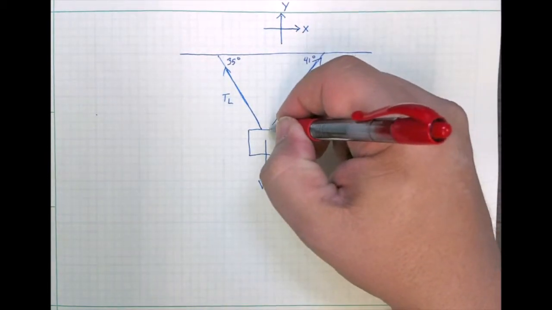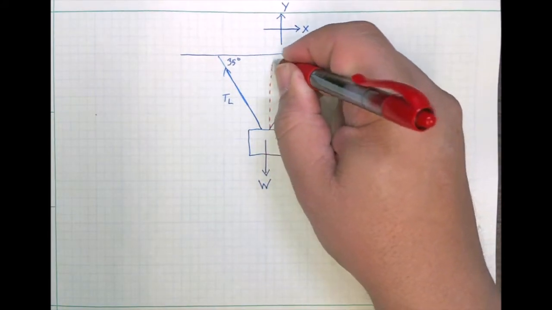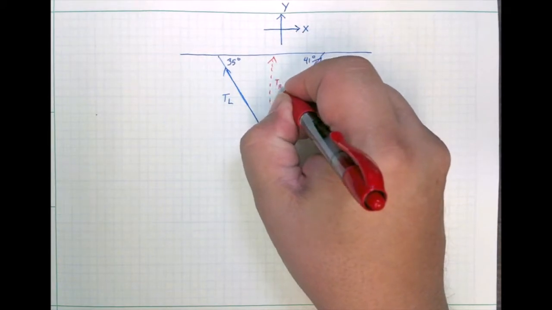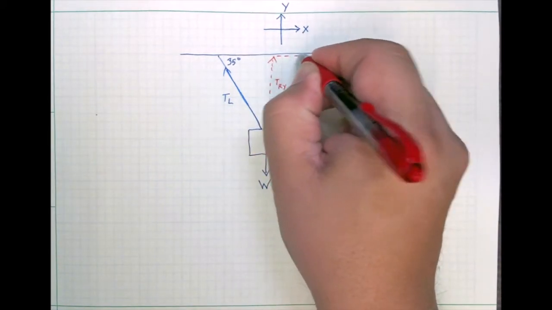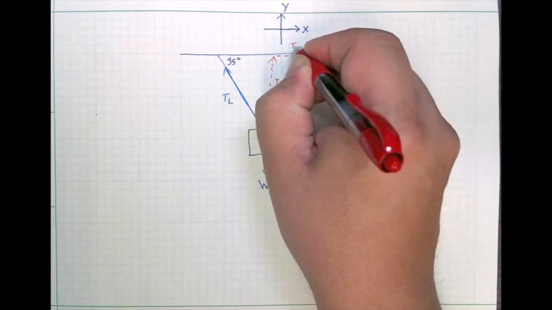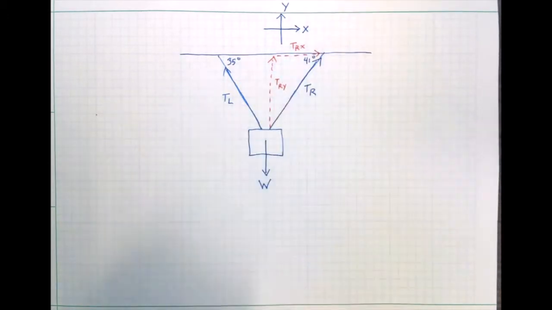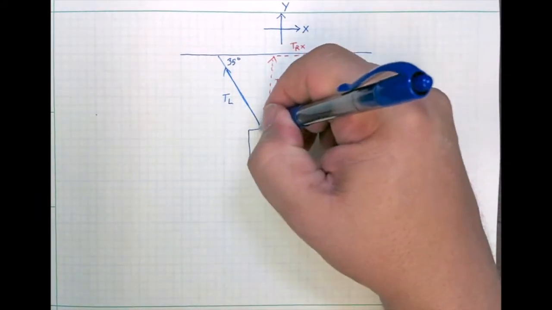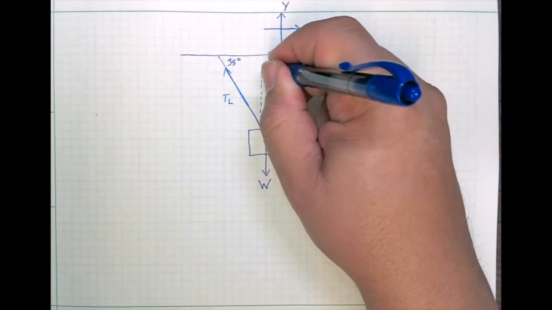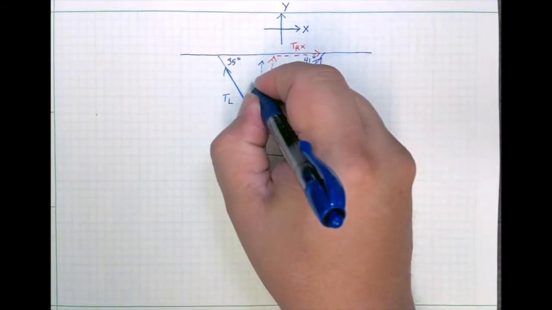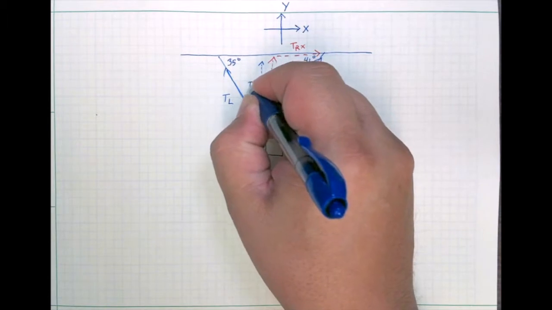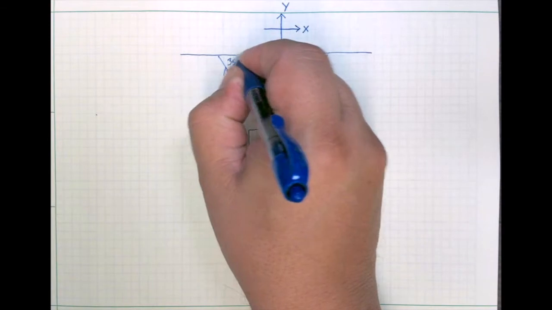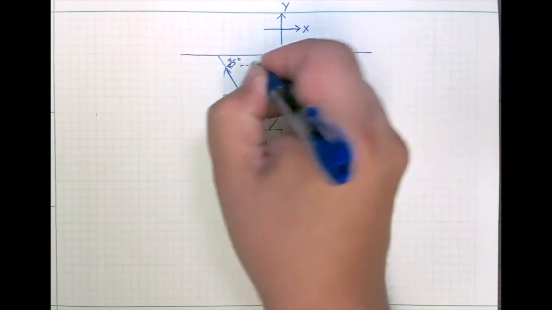We can say that TR has an upward component, which we can designate as TRY, and a rightward component, which we can designate as TRX. And that the left-hand cable has also an upward component, which we can call TLY, and a leftward component, which we can call TLX.